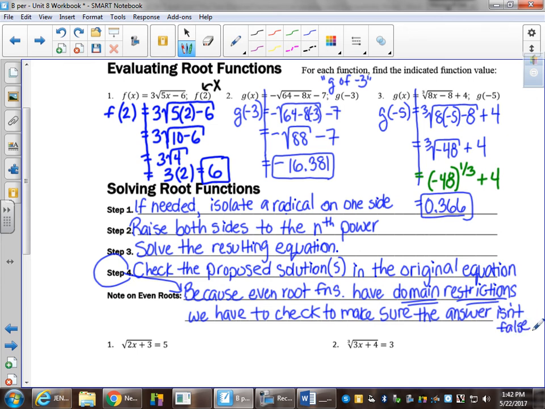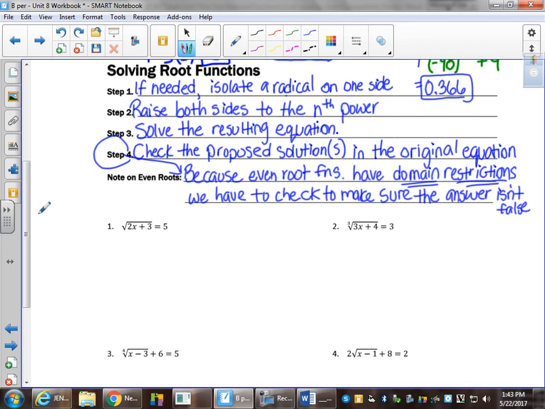So that's prior knowledge. We all know we can't take the even root of a negative. So when we get an answer, it's not a for sure answer until we've actually checked to make sure that answer doesn't get us a negative under the even root sign.